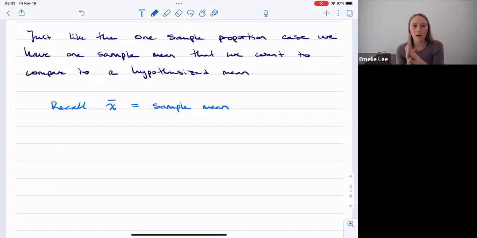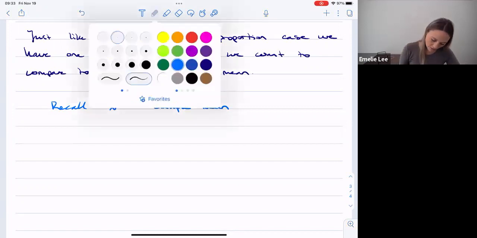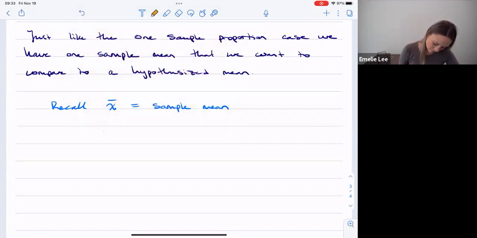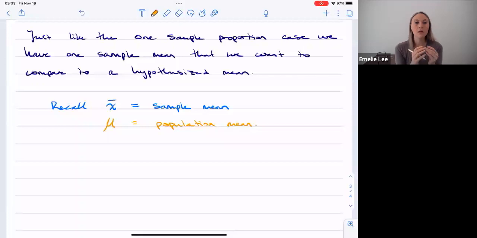And so we're going to have a null value here as well. And most importantly, mu is the population mean. So all our hypotheses and our confidence intervals are trying to learn about mu, right? But we use X bar as a temporary representative.